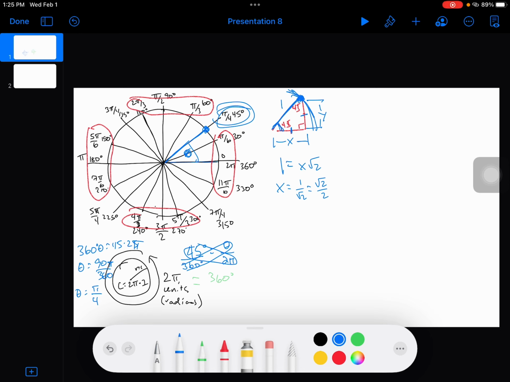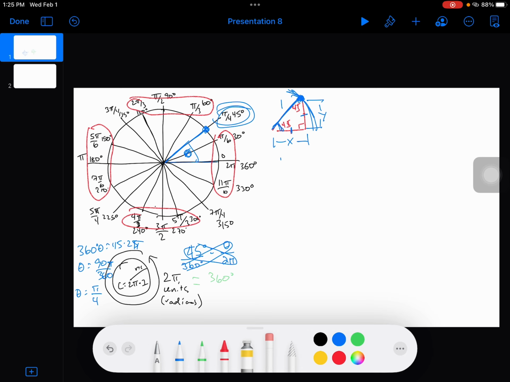And that's one of those special decimals, 0.707. The other's 0.866 is the other one. And that's going to be our x. That's also going to be our y, because x and y are equal in this case. And so root 2 over 2 is where we are on the x.